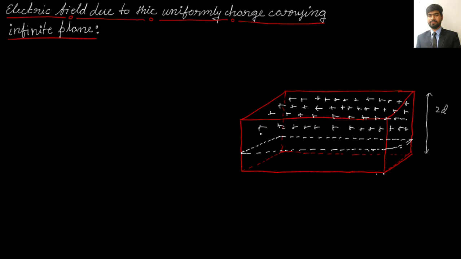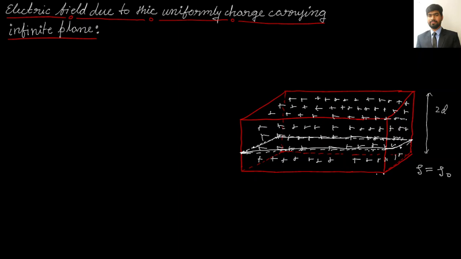If each plane carries a uniform surface charge density, then the volume charge density over this thick plane will be uniform. Let's say rho equals rho naught. And this is the mid layer, the Z equals 0 layer.